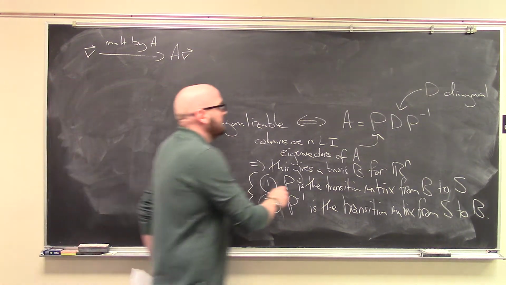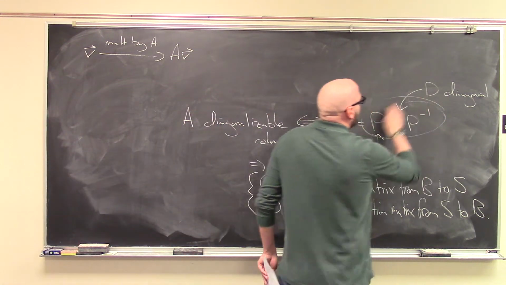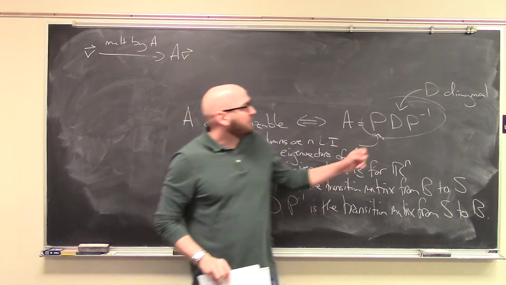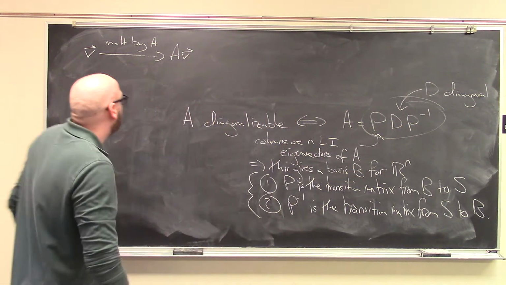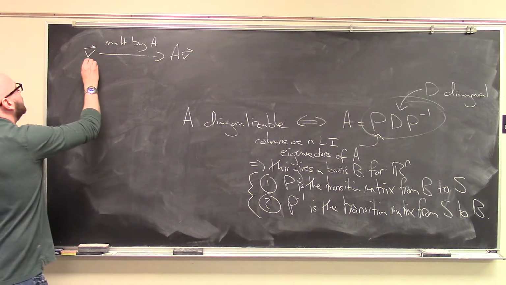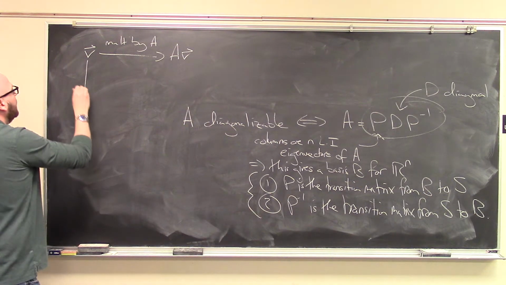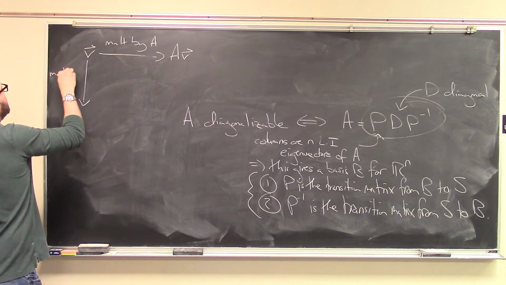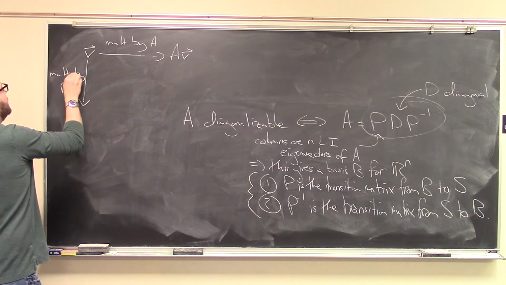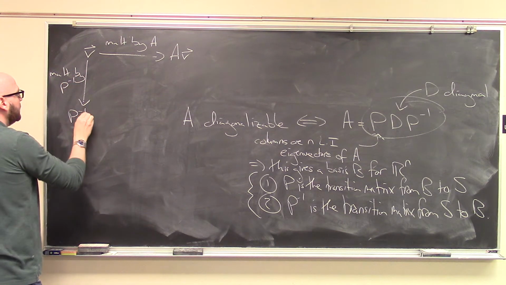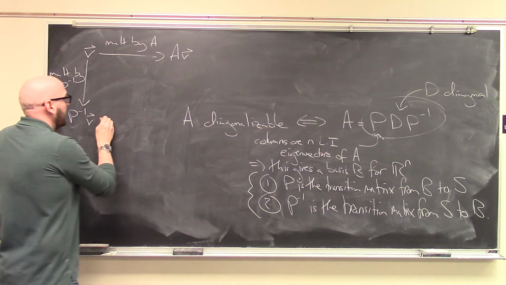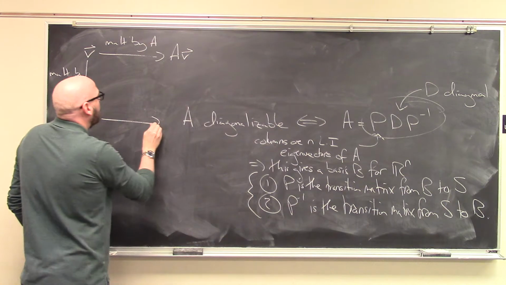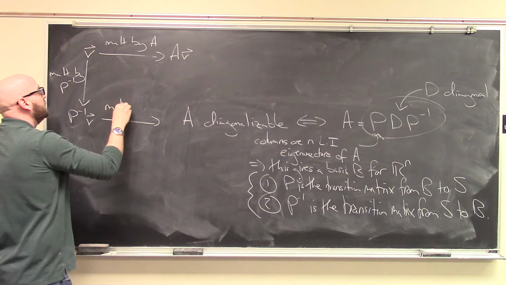Well, I've got this relationship that says multiplying by A is the same as multiplying by P inverse, then D, then P. So I'm going to build a diagram where we do exactly that. I take V and multiply by P inverse, which gives me P inverse times V. Next, I can take this and multiply by D.